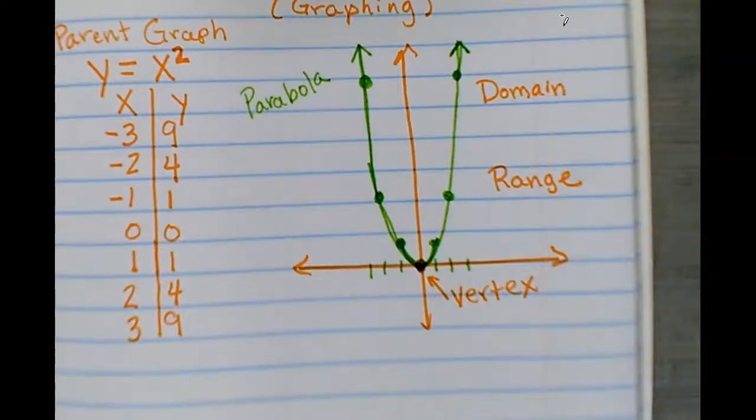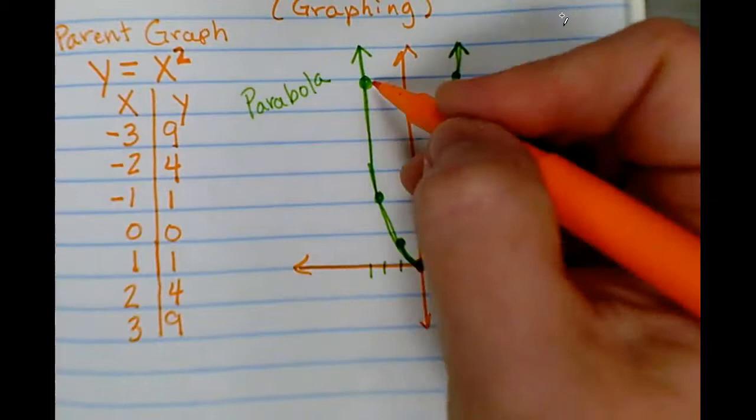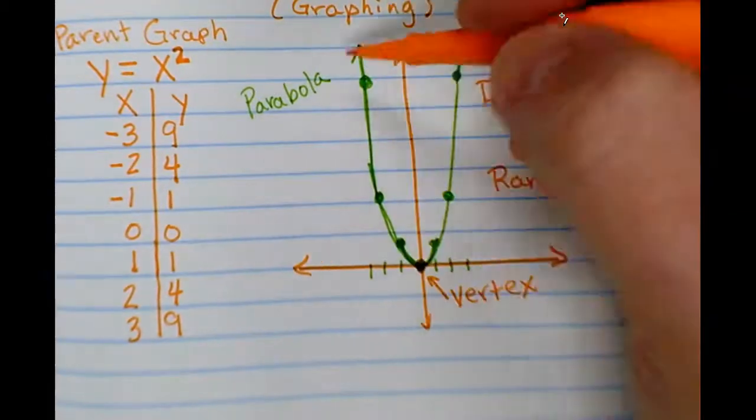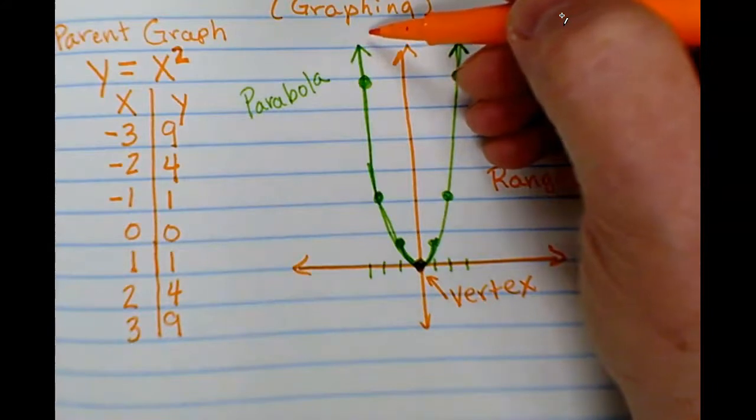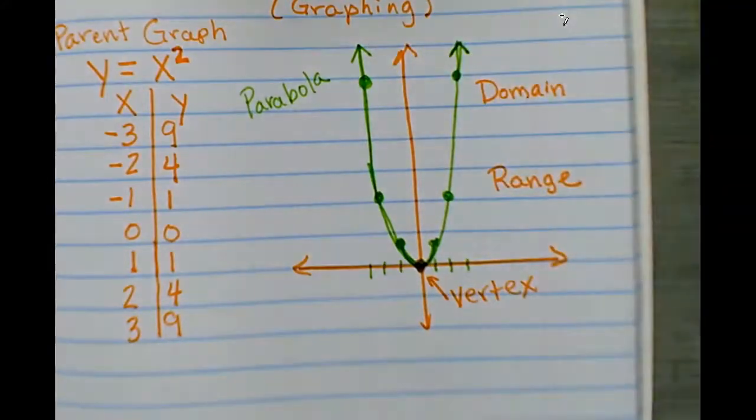How far does it spread out to the left and to the right? 3? Nope. The arrows on the end are telling me it's not. This graph doesn't stop here. This arrow is not going straight up from 3. This arrow is spreading out, and it would go to 4 and 5 and 6 if I had put more numbers in my table.